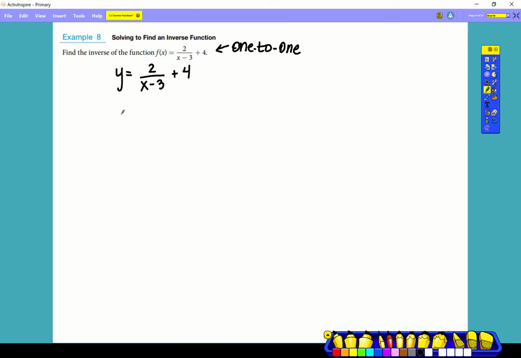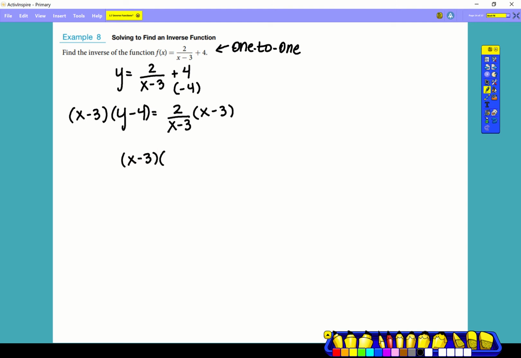Now we are going to solve for x. So we're going to have y minus 4, because we subtracted this 4 from both sides. Now this is the tricky one. I need this x minus 3, I need my x by itself. So I am going to multiply both sides by x minus 3, but I am not going to FOIL.